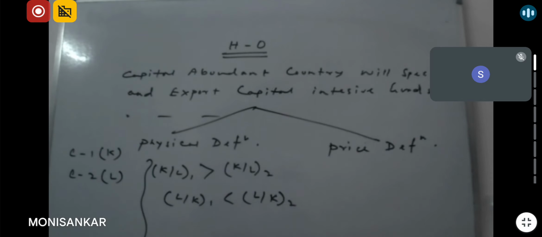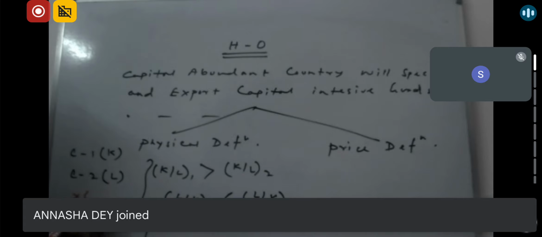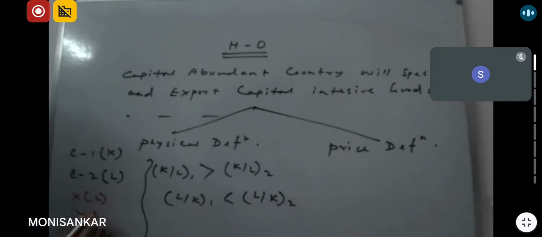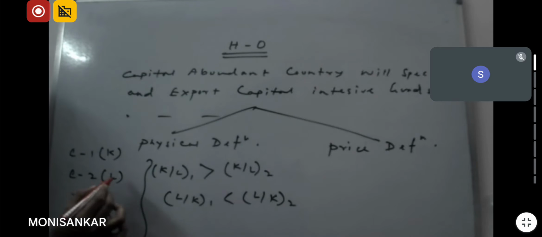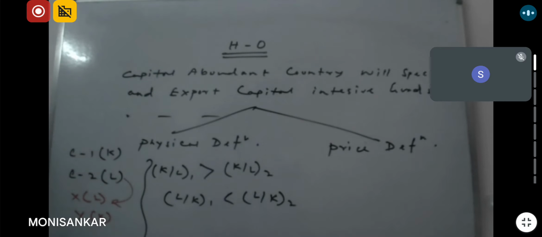If X is labor intensive and Y is capital intensive, then during trade, country 2 will specialize in X and country 1 will specialize in Y. So this is the basic concept of the physical definition.